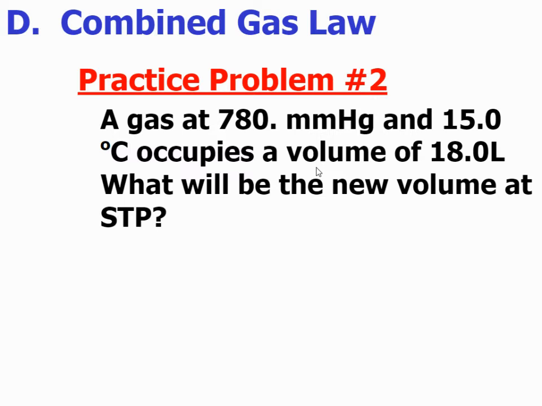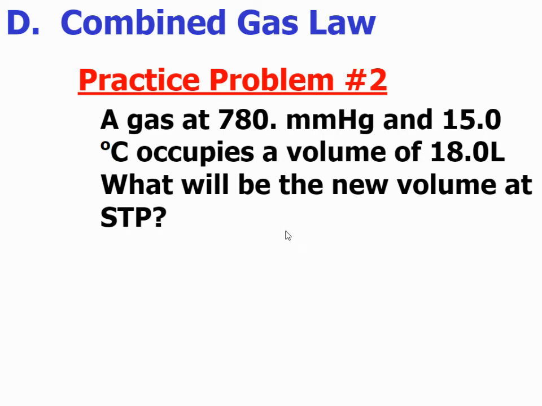And we'll set it up again. So we have our setup, which is gas at 780 millimeters of mercury and this temperature, so that'll be, again, 288 Kelvin, has a volume of this.